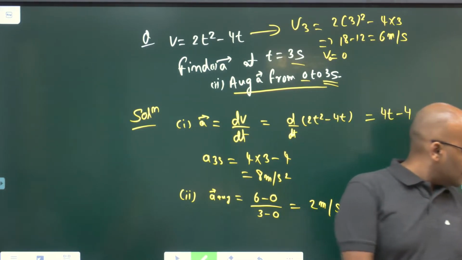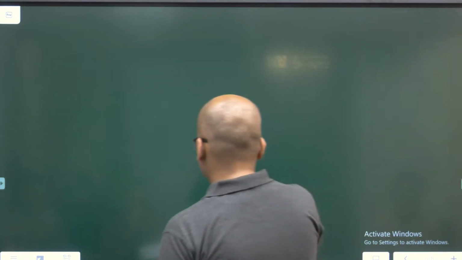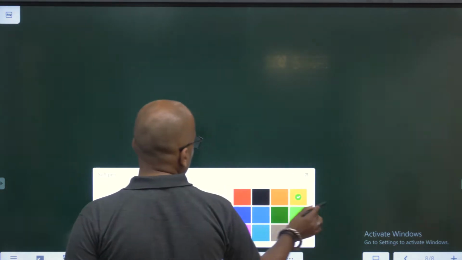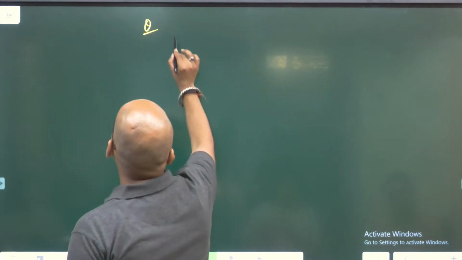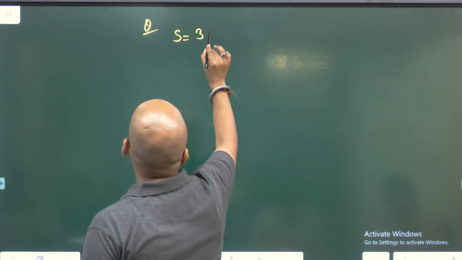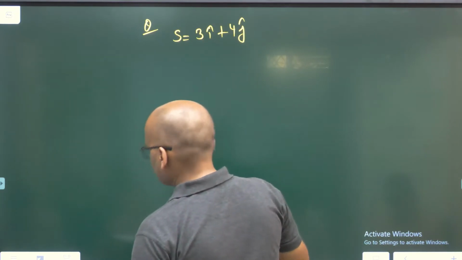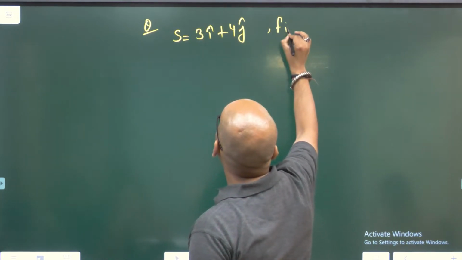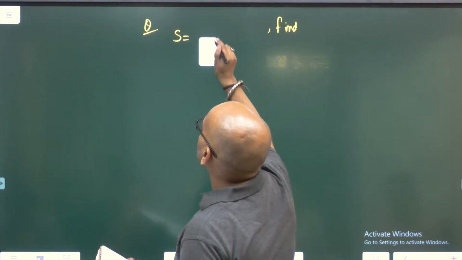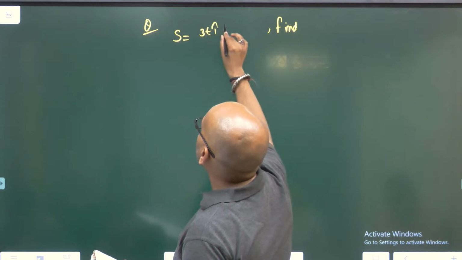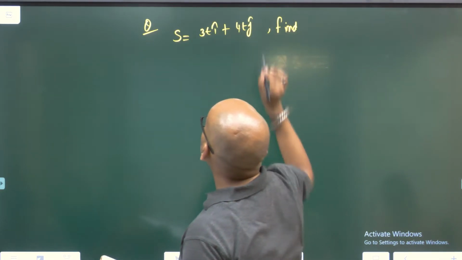Okay. So do this question, interesting question. It is very easy, but let me see how many of you can apply the concepts at the right places. S is equal to 3t i cap plus 4t j cap.